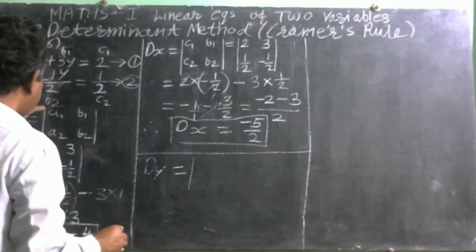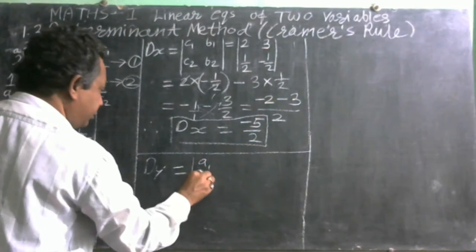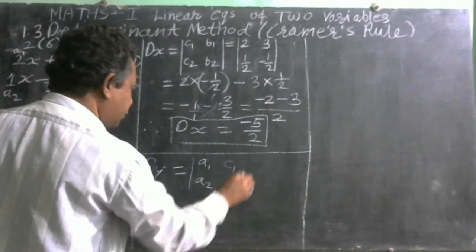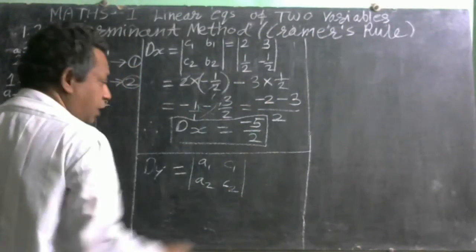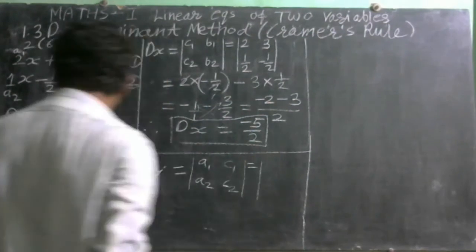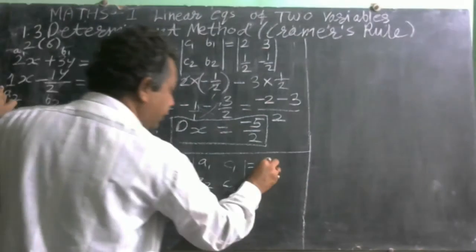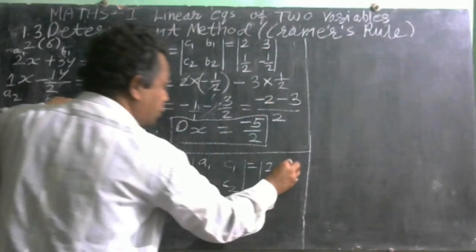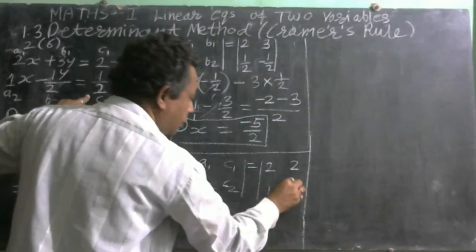So write first a1, a2. Now c1, c2. Now write the values of a1, a2, that is 2, 1, and c1, c2, that is 2, 1 upon 2.